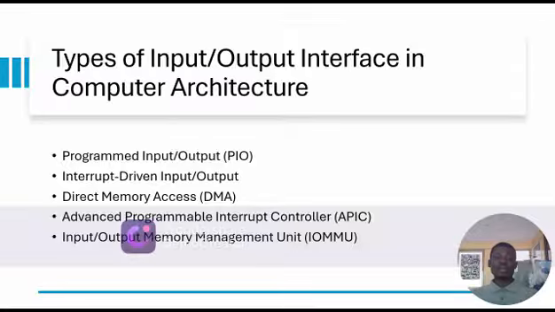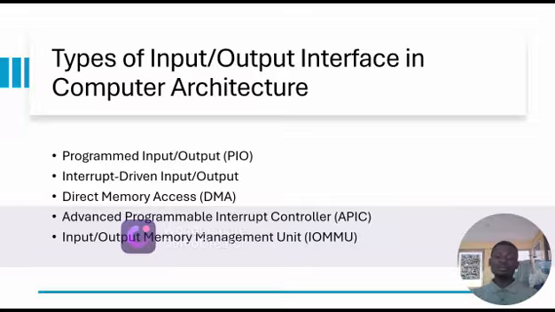So the second one we will talk about is the interrupt driven input output interface. This one is the opposite of the programmed one. Inside this one, the CPU does not continuously check for input output requests.